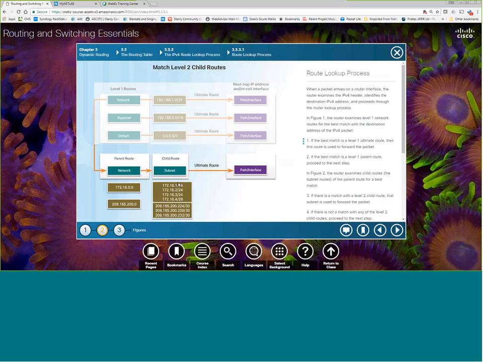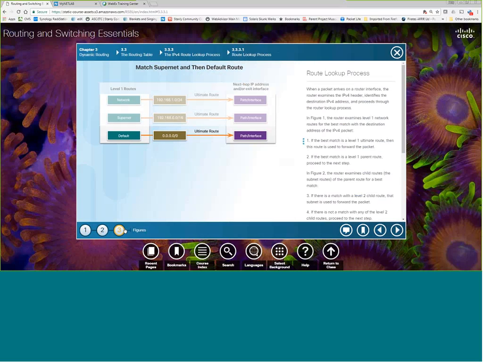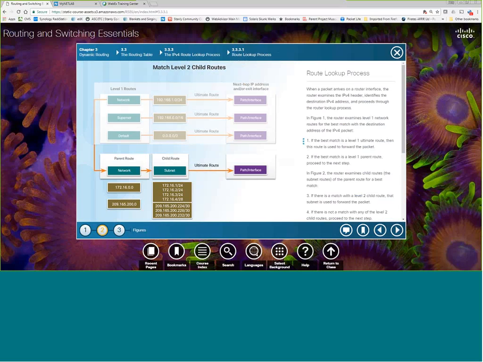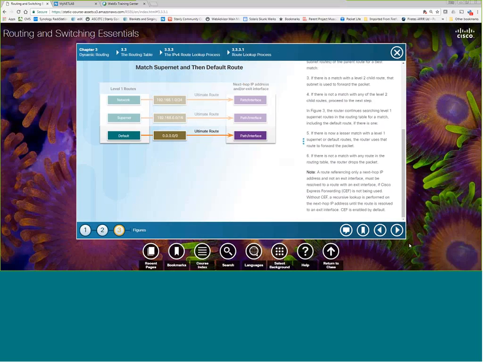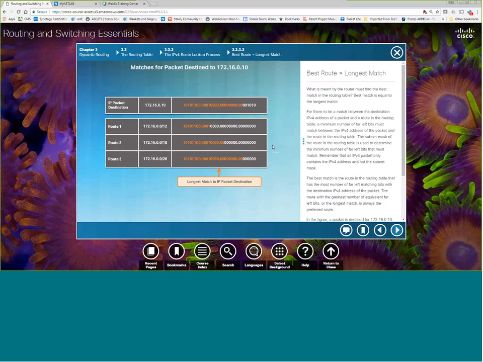If you are running classless, which you should be, and it does not find anything in the child routes, it will then come back out and check for a supernet or a default route. If you've turned off classless, so you put no ip classless for whatever reason, it would not come back out. But we don't do that in the real world. I think they have you do it in the lab just to show you how it works.